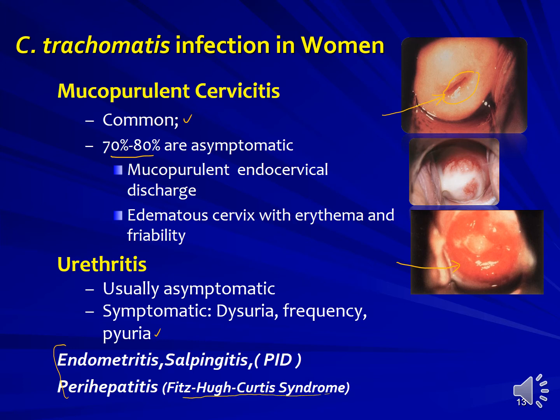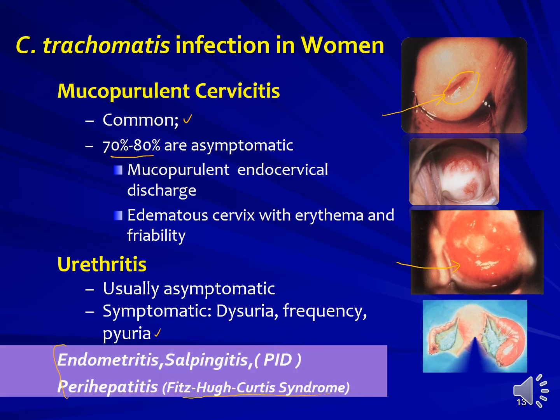And perihepatitis, which is a complication of Chlamydia trachomatis in the liver, is known as Fitz-Hugh-Curtis syndrome. Of course, here you can see the involvement of the tubes and how it is responsible for pelvic inflammatory disease, and finally causes PID.